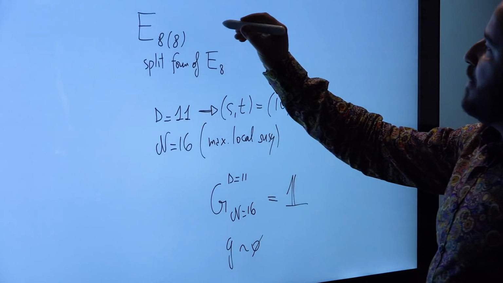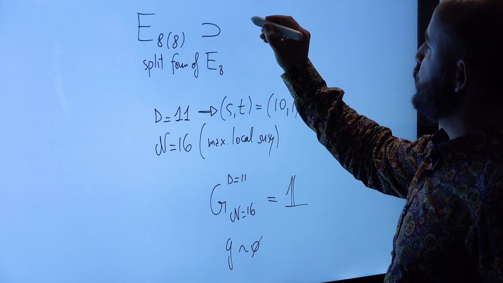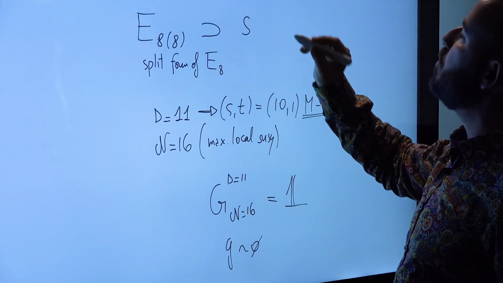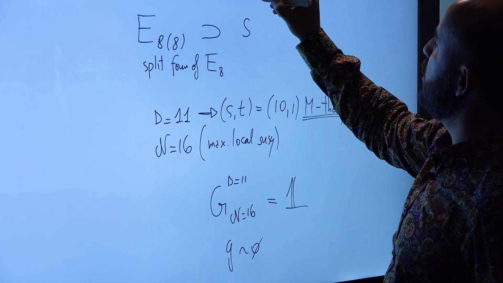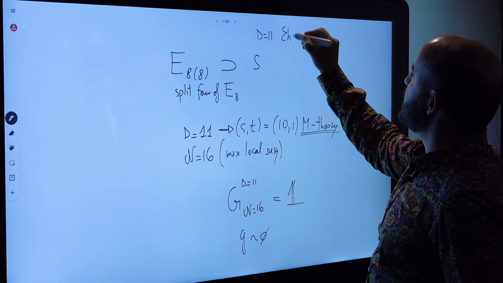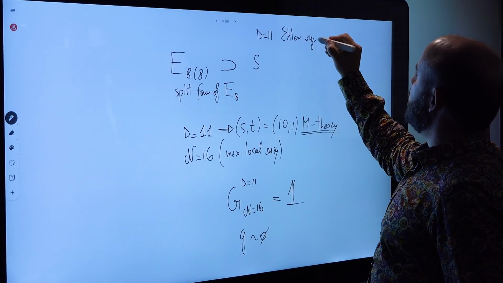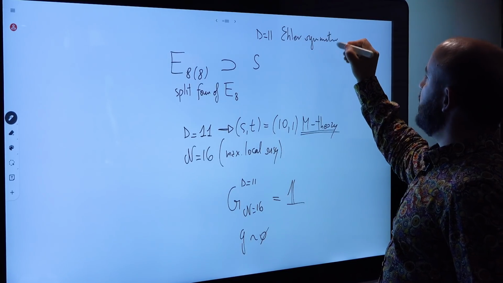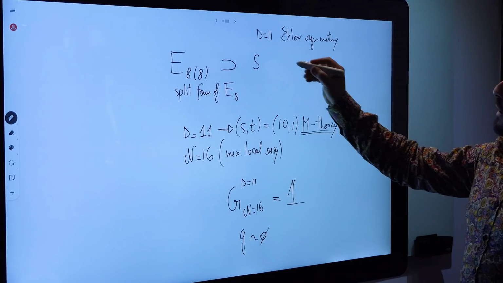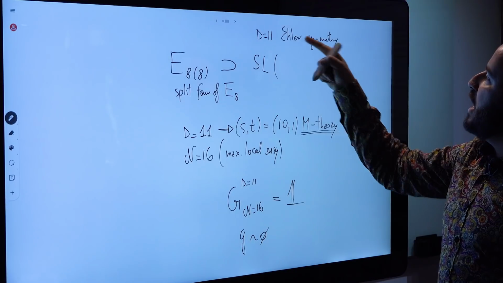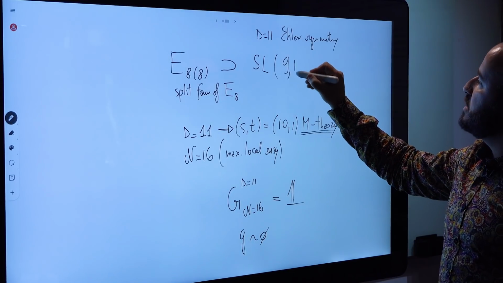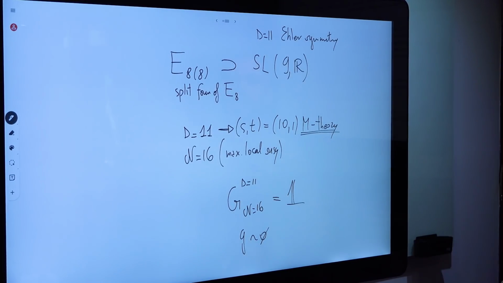So essentially what happens is that only the Ehlers group in 11 dimensions, so only the D equal 11 Ehlers symmetry will show up on the right-hand side of the embedding. And we know that D minus 2 is 9 in this case. And so we have this embedding.